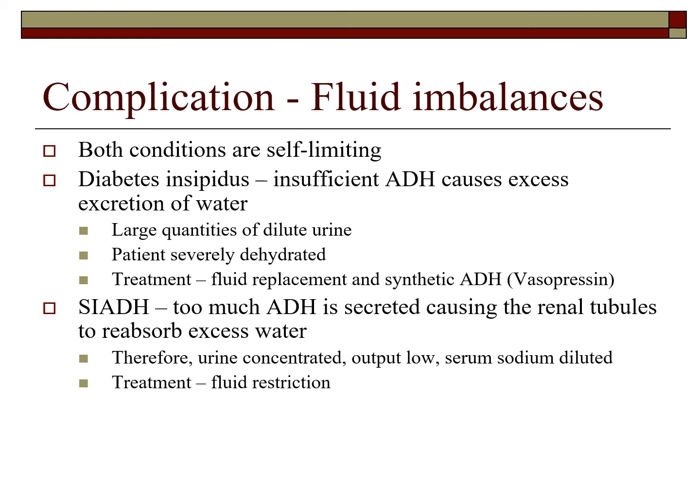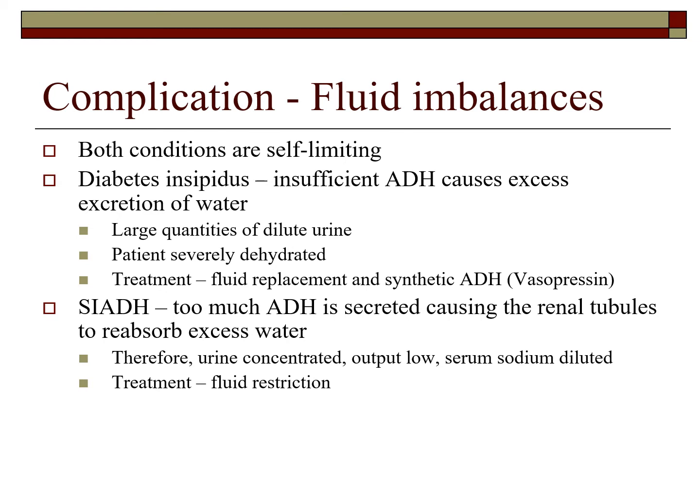Just be clear, they're not going to give insulin. There's nothing wrong with their glucose, but they've stolen the name diabetes because of the polyuria. So large quantities of urine, we have to watch their blood pressure, the patient's severely dehydrated, so replace their fluids.